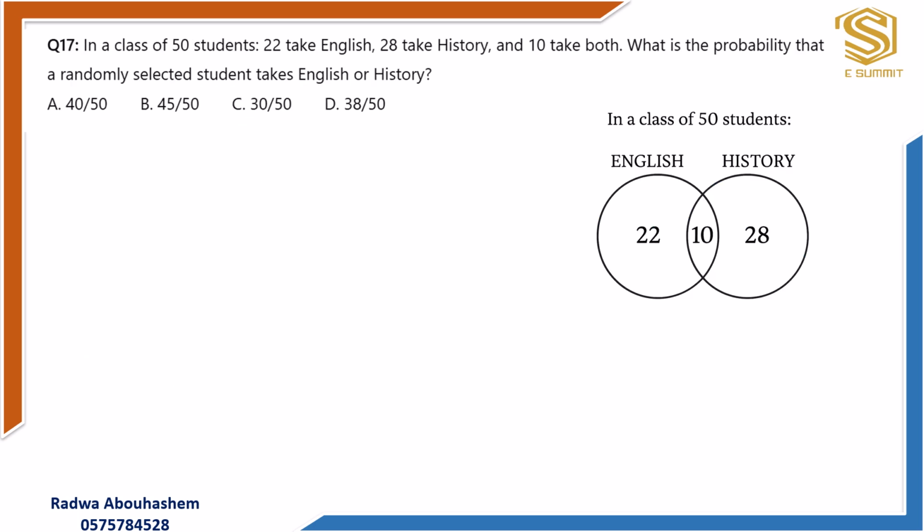In a class of 50 students, 22 take English and 28 take history and 10 take both. What is the probability that a randomly selected student takes English or history?